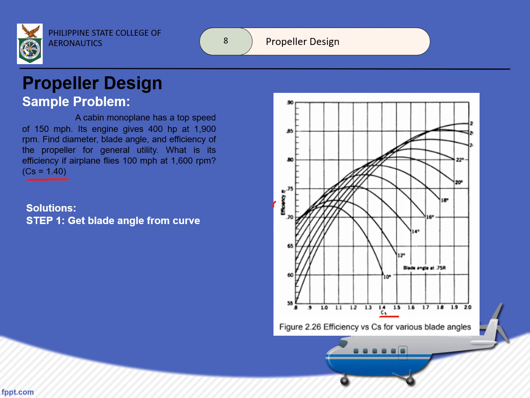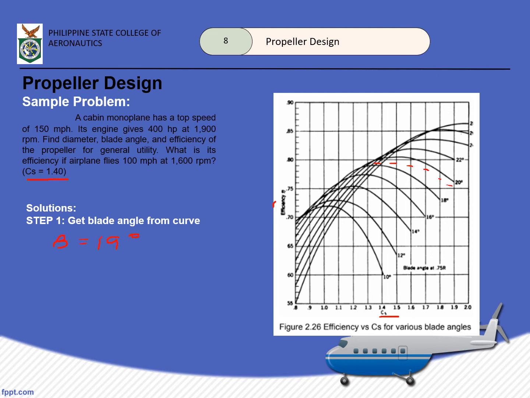So, we project it up, then we find which curve natatapat siya sa peak nung curve na yun. So, we have it somewhere between 18 and 20. Since yung peak ng 18 is nandito, hindi siya katapat ng 1.4. And yung peak ng 20 is nandito, hindi rin siya katapat ng 1.4. So, that is our blade angle, which is around 19 degrees.